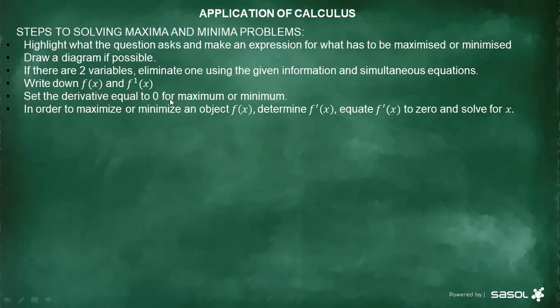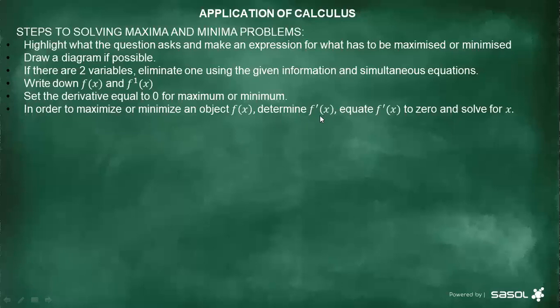Meaning, when you are calculating maybe the value of x, make sure that after you derive, then you are going to equate it to 0 so that you can be able to determine the maximum or the minimum values. And then the last point says, in order to find the maximum or the minimum for f of x, then determine f prime.